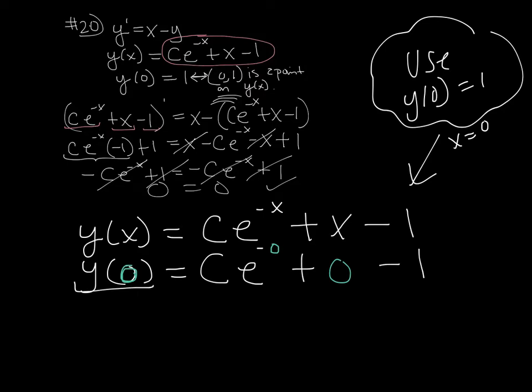So what is y of 0? Well, it's 1 from our initial condition, and e to the negative 0 is still 0.